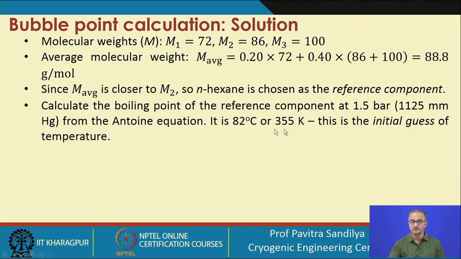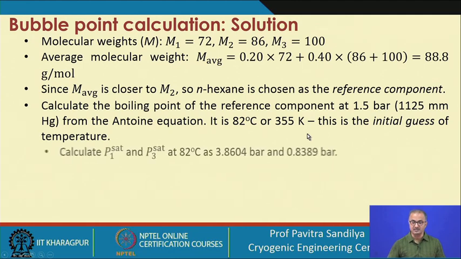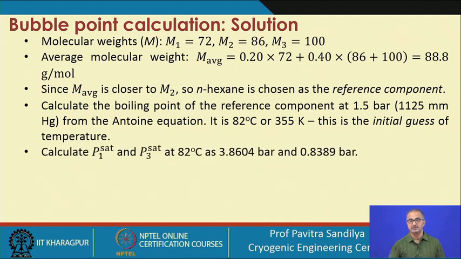In this case, we take the 1.5 bar pressure as the vapor pressure, and we calculate the temperature from the Antoine equation, and we find that the value comes out to be almost 82 degrees centigrade or 355 Kelvin. This value is taken as the initial guess temperature.